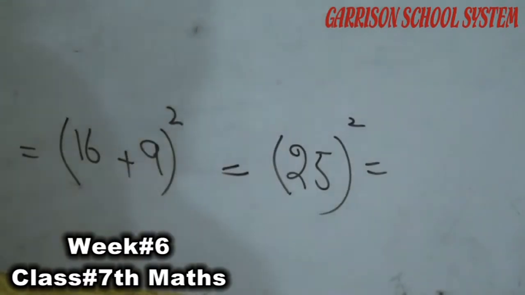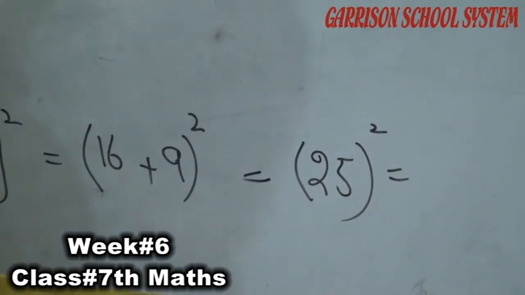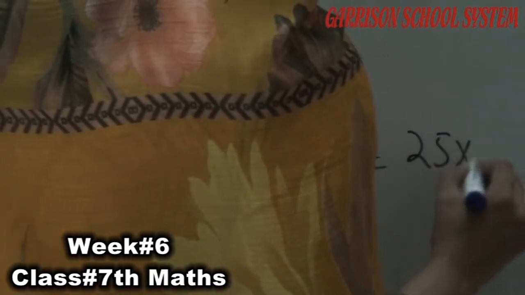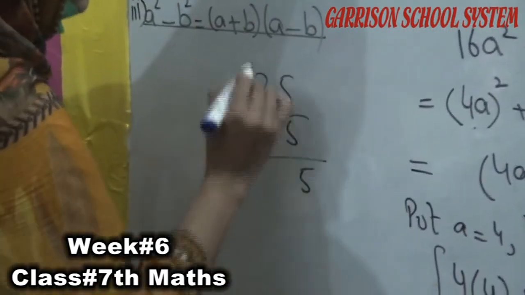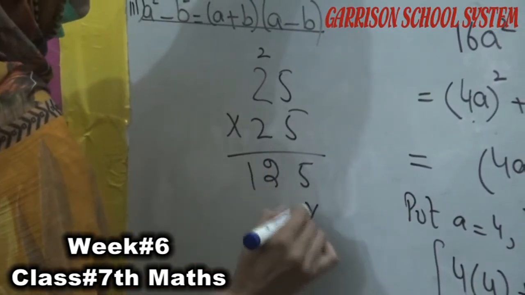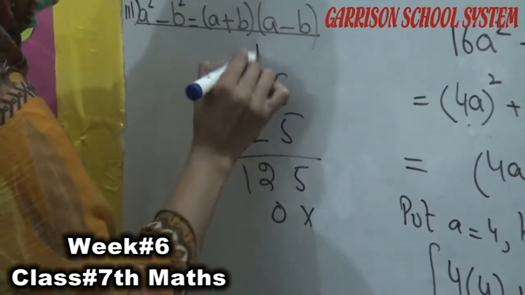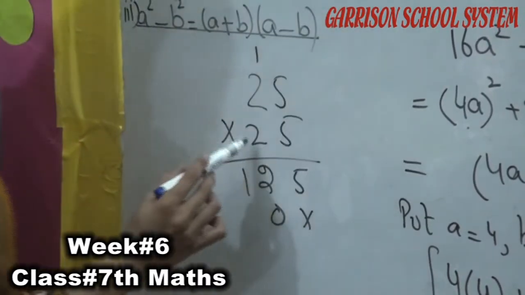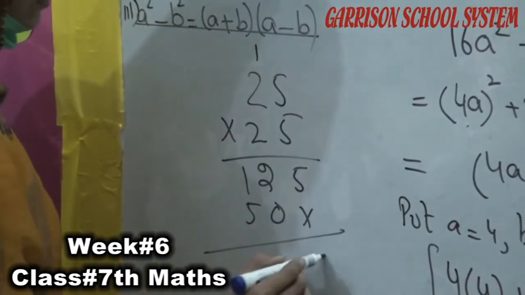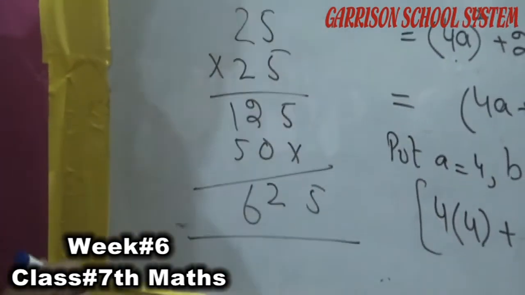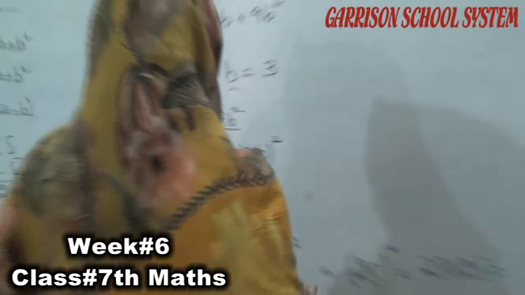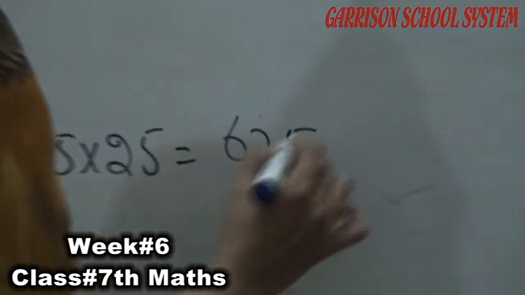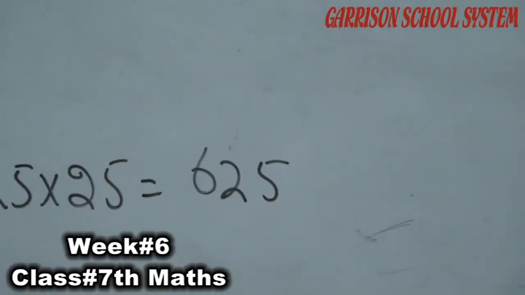And 25 whole square means 25 multiplied by 25. What will it produce? 25 multiplied by 25 is equal to 625.